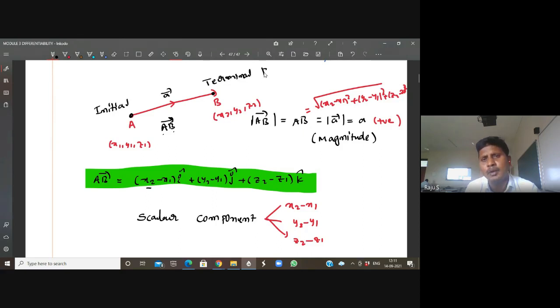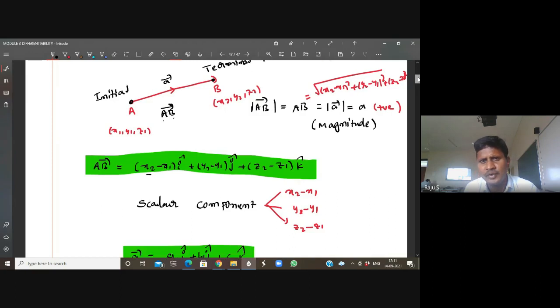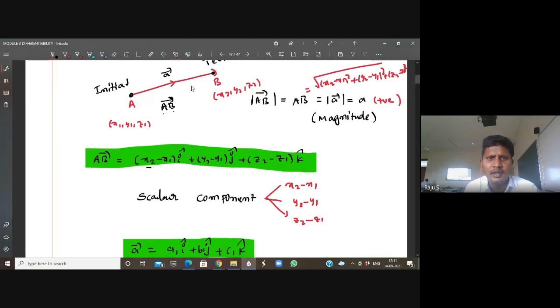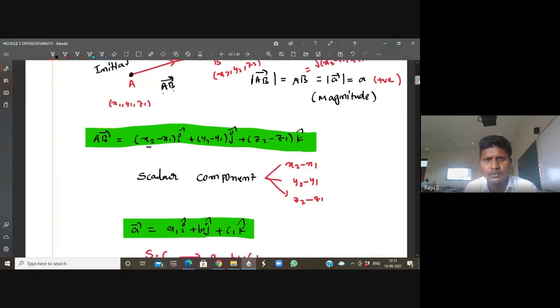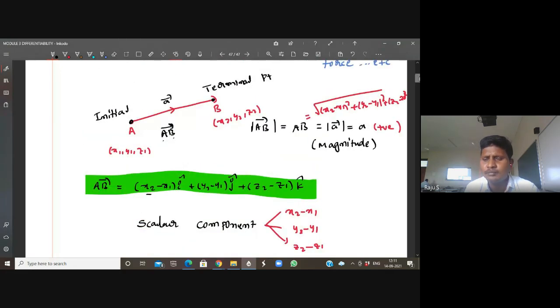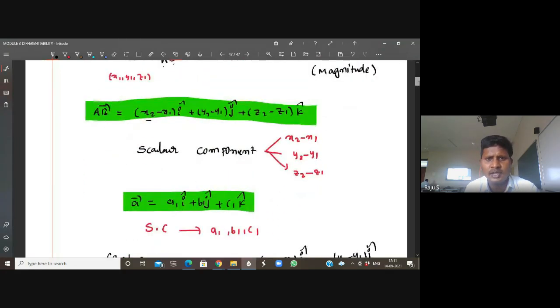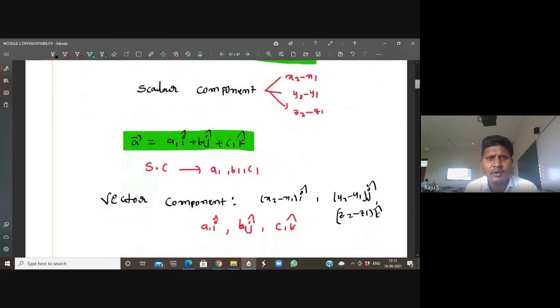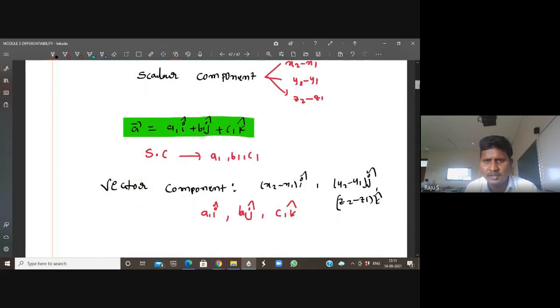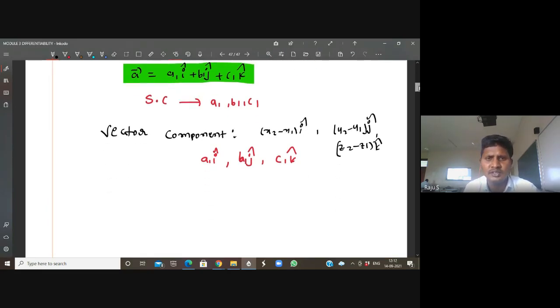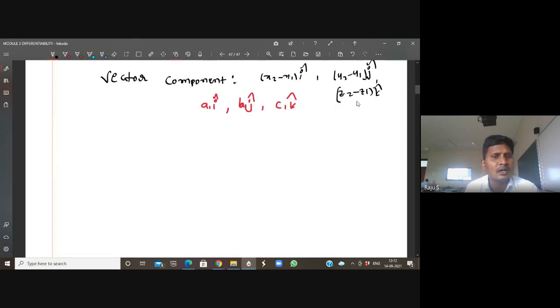The distance from A to B is given by the magnitude of the given vector. There are two types of components, scalar components and vector components. The coefficients of i, j, k are the scalar components, whereas those including the unit vectors, like a1 i, b1 j, c1 k, are called vector components. Next, coming to the unit vector.